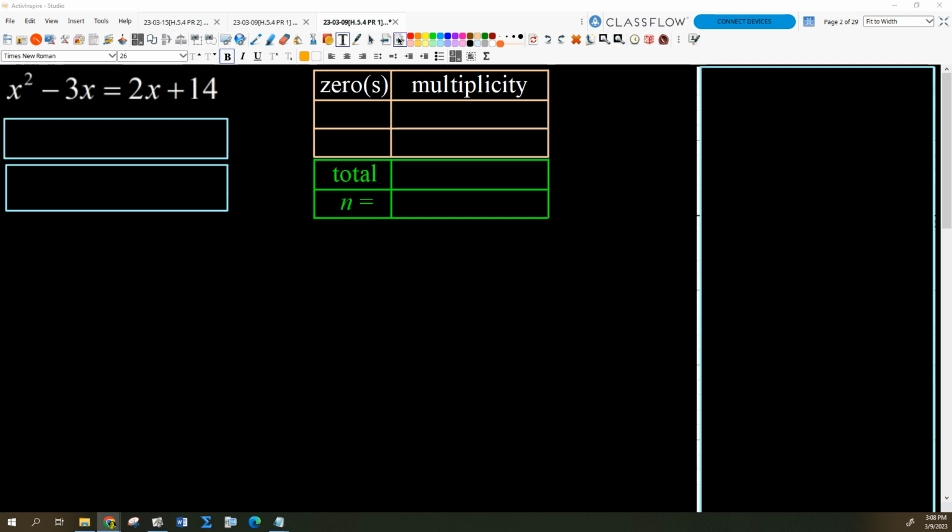So let's review some stuff. Look at this polynomial equation up here. So what's the first thing I have to do? Got to put it in standard form, right? So I'm going to set it equal to 0. I'm going to subtract the 2x and the 14 to the other side, so it's equal to 0.